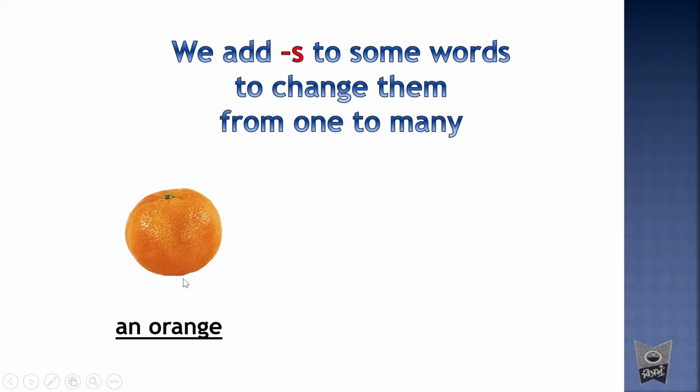Okay, now look here. What is this? An orange. Now why have we written an? Because this O is a vowel. Right? A, E, I, O, U are vowels. So whenever the word starts with a vowel, instead of a, we write an orange.